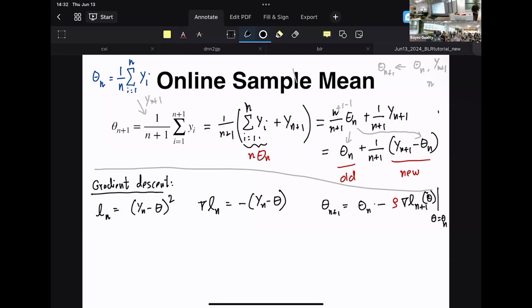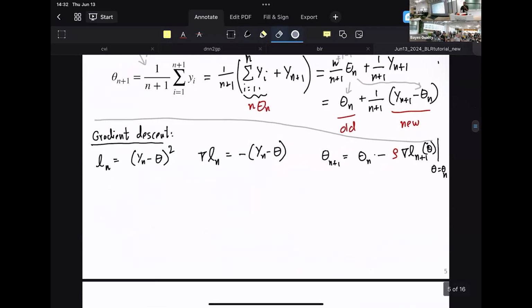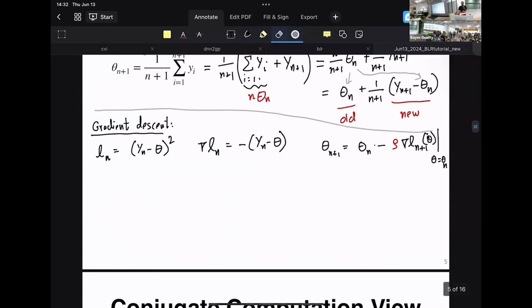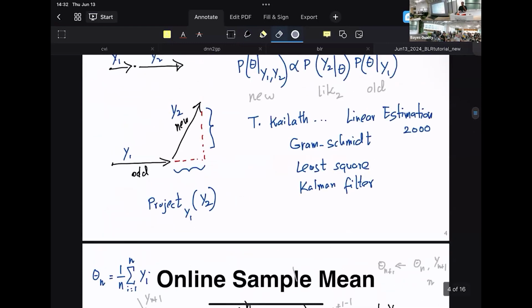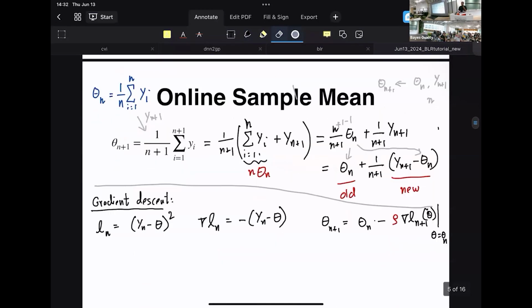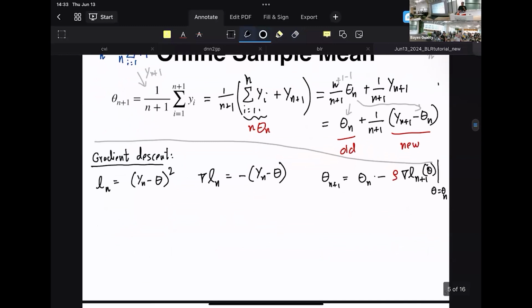Can we see the projection that we talked about on the last slide in these two examples? I don't know actually, but this is what I'm trying to say. Maybe you can interpret this whole thing as a projection. So, sorry, I should maybe have said this whole thing: 1 divided by n plus 1, times y n plus 1 minus theta, is some kind of projection.